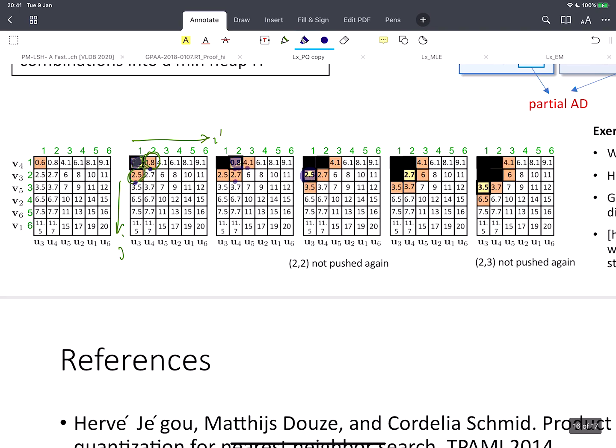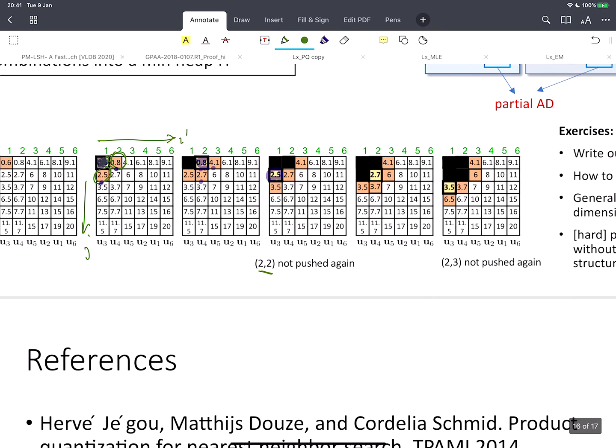For 2.5, you push its two neighbors, 2.7 and 3.5 inside, but it turns out that this 2.7 does not need to be pushed again because 2.7 is currently already in the heap. It could be the case that 2.7 is already processed, hence a black one. But anyway, you have already considered this entry, so you don't want to push this entry into the heap again. And this algorithm goes on, and you can see the final results.